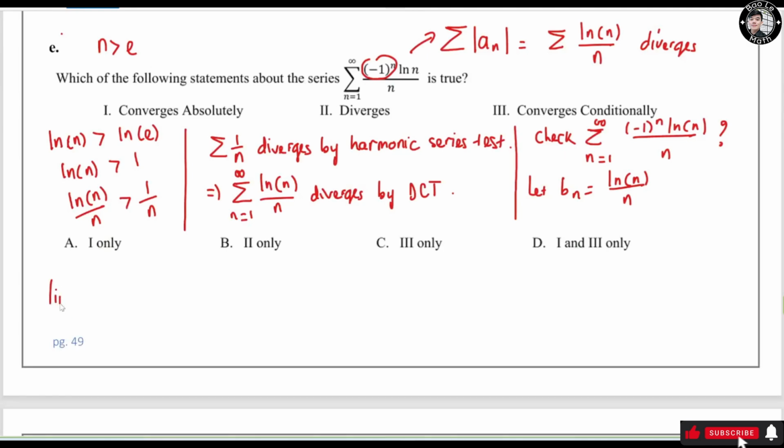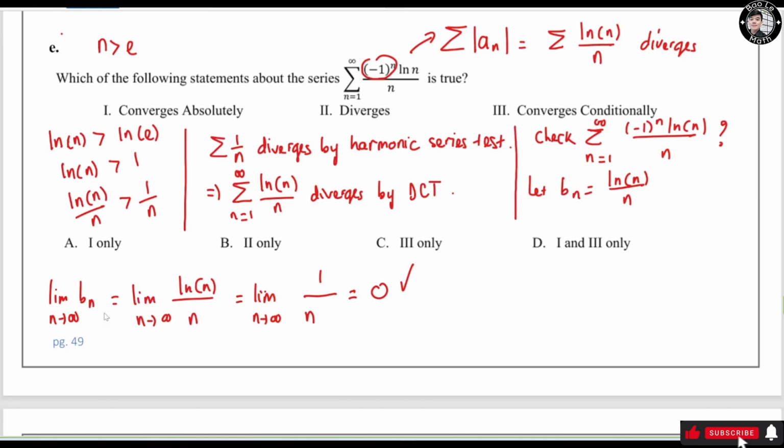So I have the limit of b sub n when n approaches infinity equals the limit of ln n over n. When n approaches infinity, it is an indeterminate form, right? So we need to use L'Hospital's rule. So we have the limit when n approaches infinity, derivative of ln n is 1 over n, derivative of n is 1, right? So when n approaches infinity, this one approaches 0, right? So the first condition is met, right?